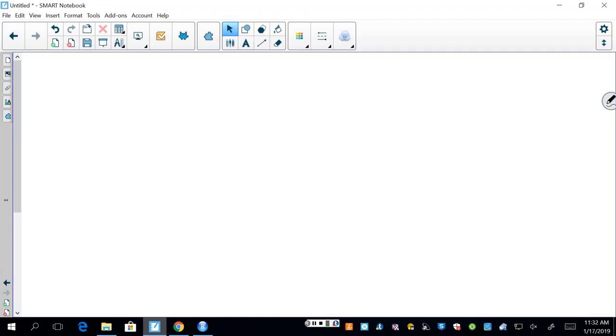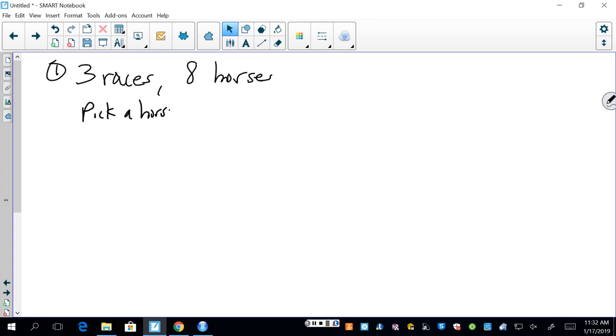Right? So let's look at some examples. Let's say there are 3 races, and in each race there are going to be 8 horses. You pick a horse in each race, and you don't know anything in particular about these horses. You're just randomly picking the numbers.